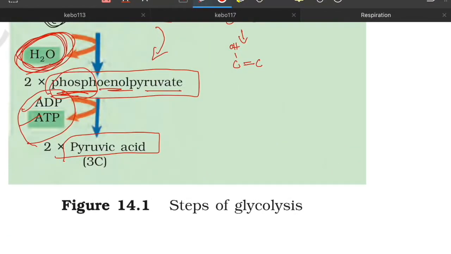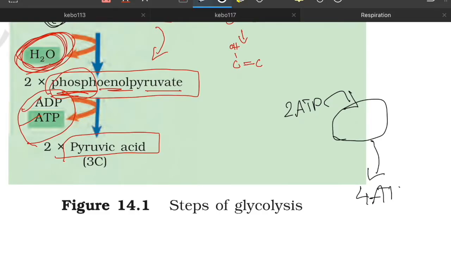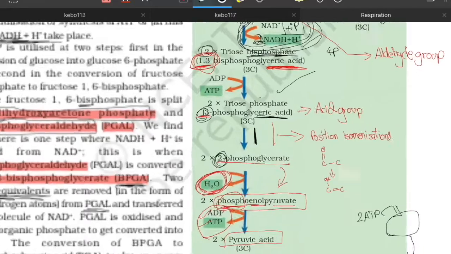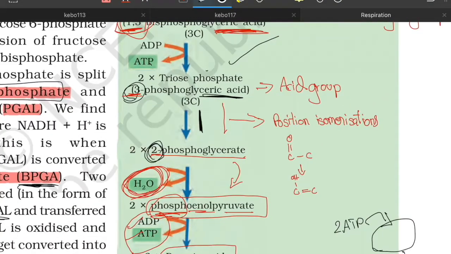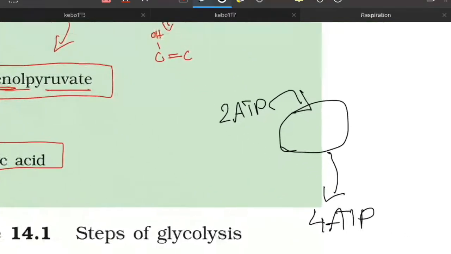What has happened in this process? 2 ATP were given and 4 ATP we have taken, because there are 2 triose phosphates, each gives ATP, so 4 ATP. 2 phosphoenol pyruvate are there, so we get 2 ATP.